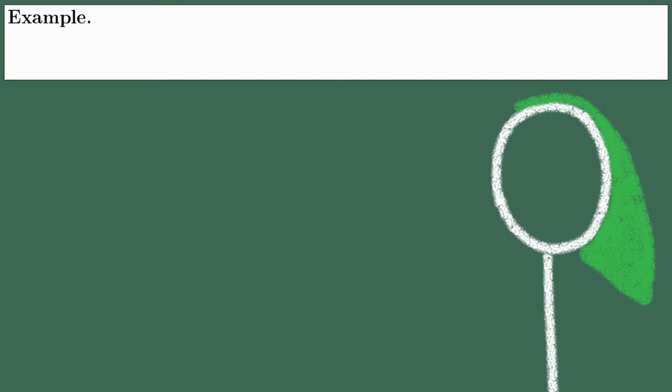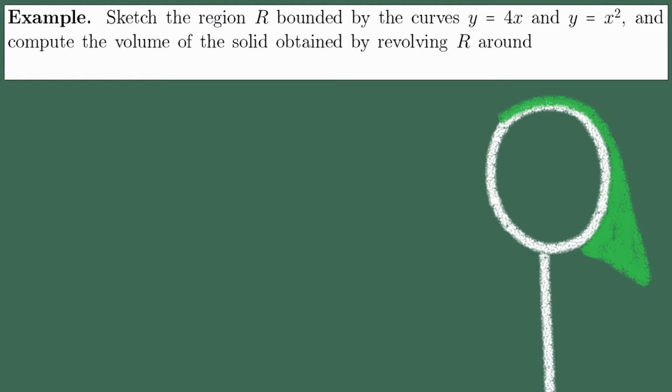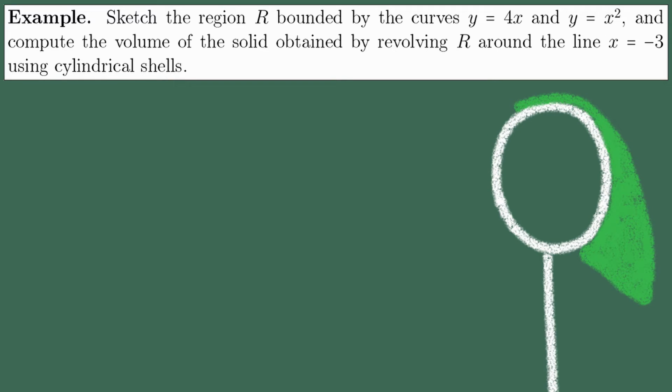Example. Sketch the region R bounded by the curves y equals 4x and y equals x squared, and compute the volume of the solid obtained by revolving R around the line x equals -3 using cylindrical shells. At first glance, this seems like it would be really hard.